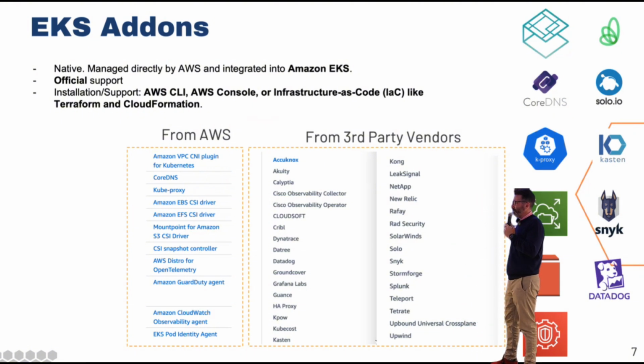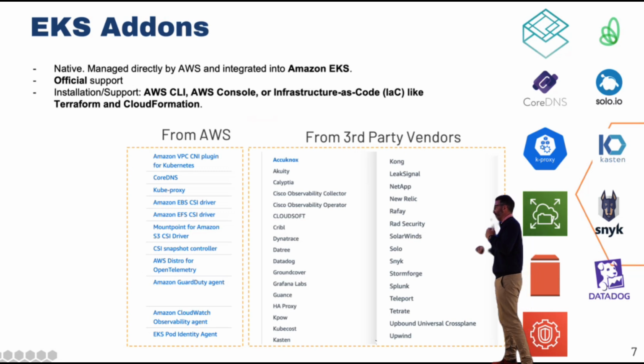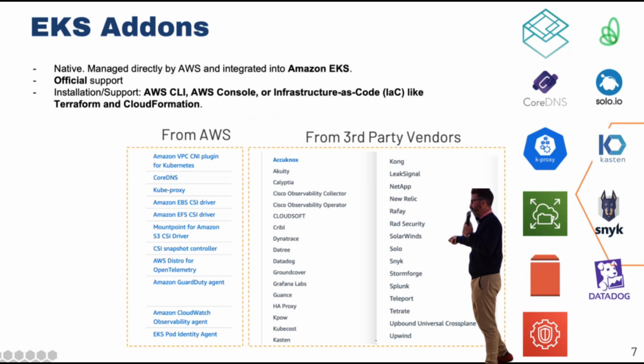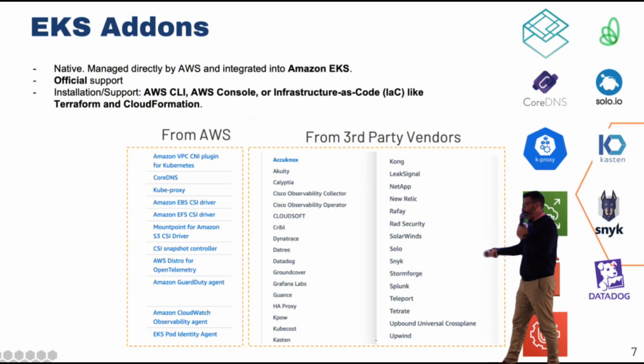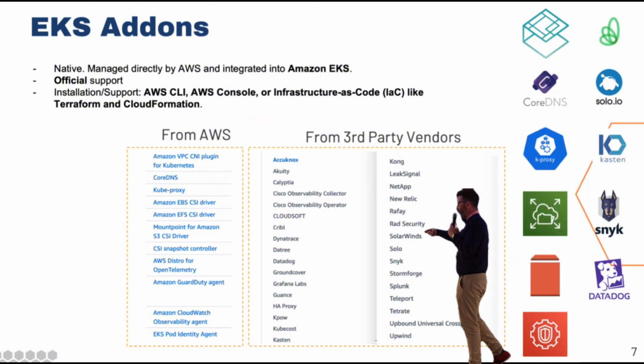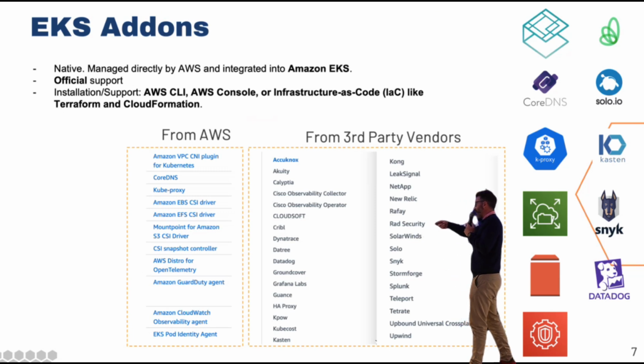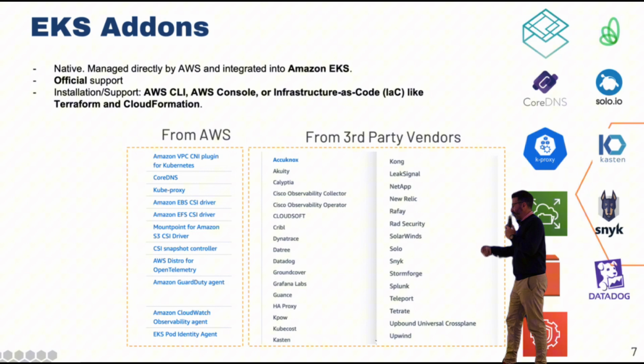Some of them are very basic and mandatory. For example, CoreDNS or kube-proxy are things that you need to install by default, okay? But there are others that you can install, like Pod Identity to interact with different AWS services, OpenTelemetry, as well as third-party vendors.